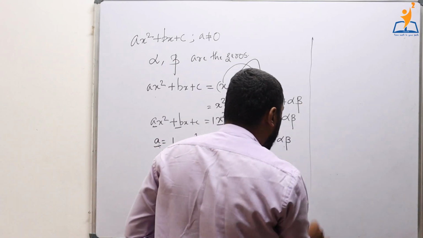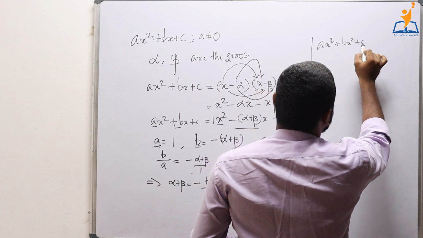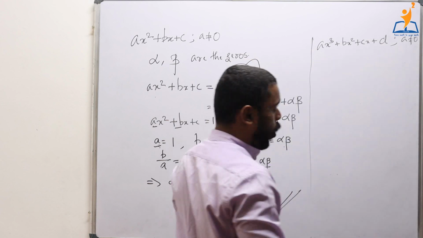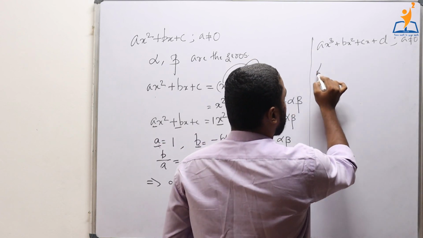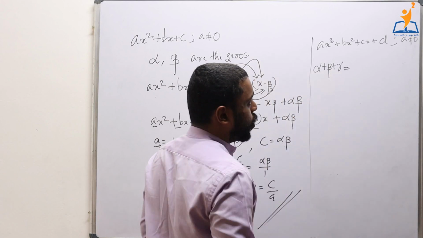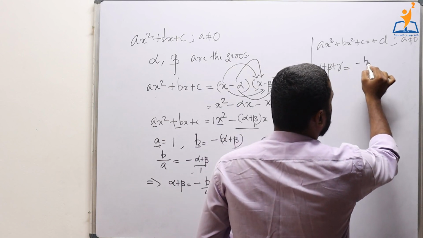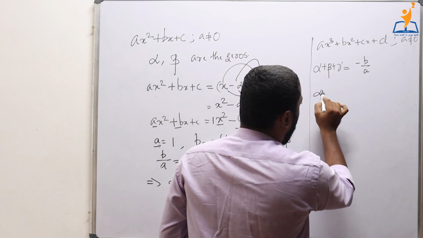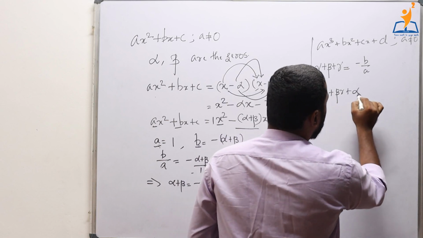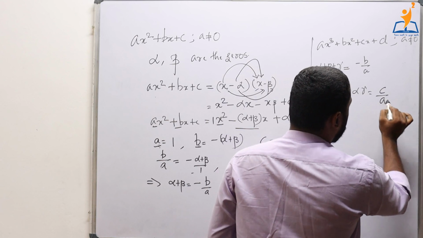Similarly, if ax cube plus bx square plus cx plus d, where a not equal to 0, is a cubic polynomial, then we can say that alpha plus beta plus gamma is equal to minus b by a, and alpha beta plus beta gamma plus alpha gamma is equal to c by a.